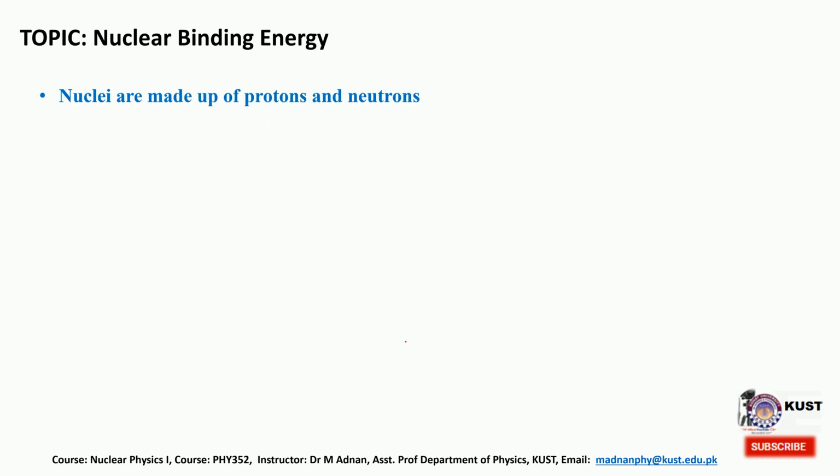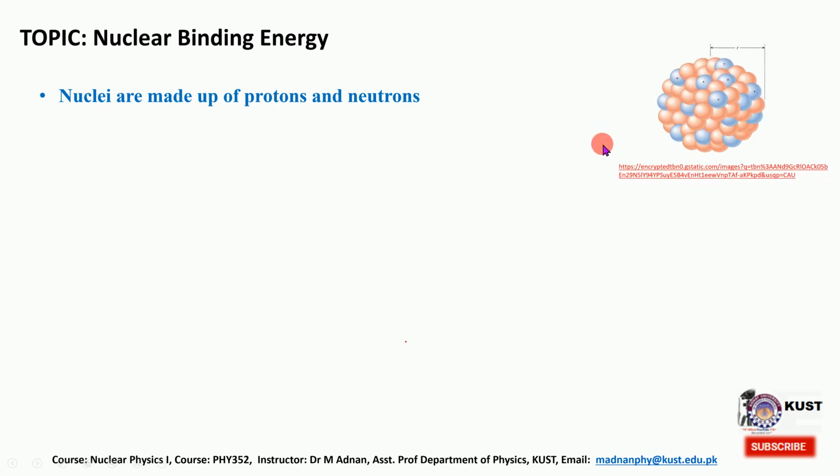Now, since we know that the nuclei are composed of protons and neutrons, that we have discussed in the first part of this course, these nucleons are localized inside an atom to a very small regime, such that the radius of the nuclei are in the femtometer regime.